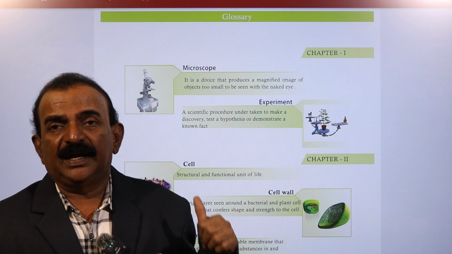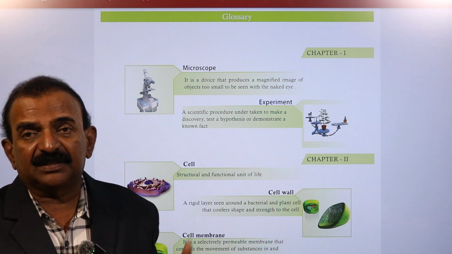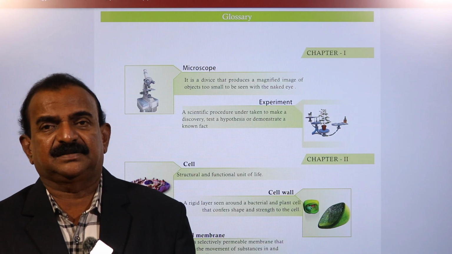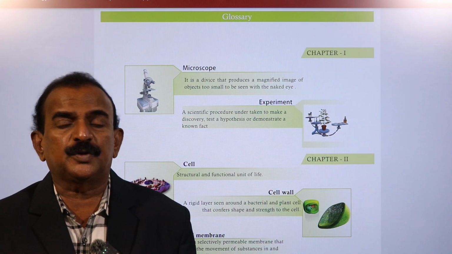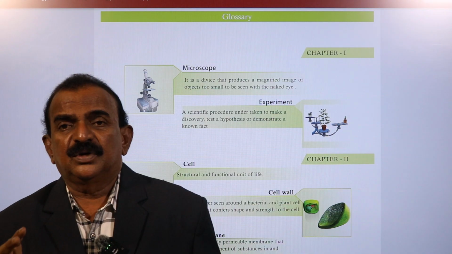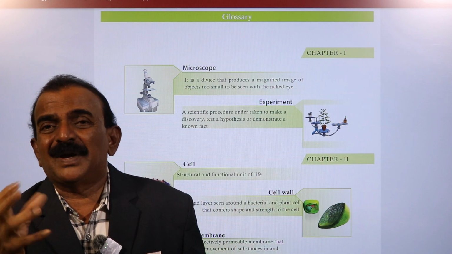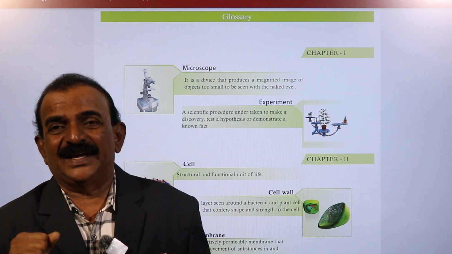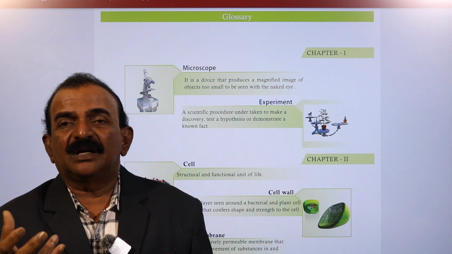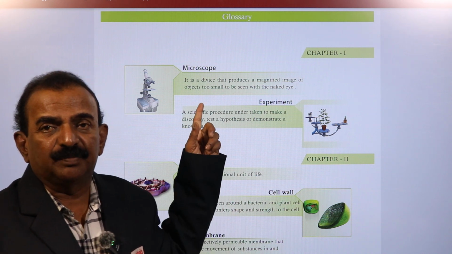First, you see a scientific term in the glossary, and that is microscope. A microscope is a device, an instrument, used to observe organisms that are not visible to our naked eyes. Those organisms are seen with the help of this device, which is called a microscope.